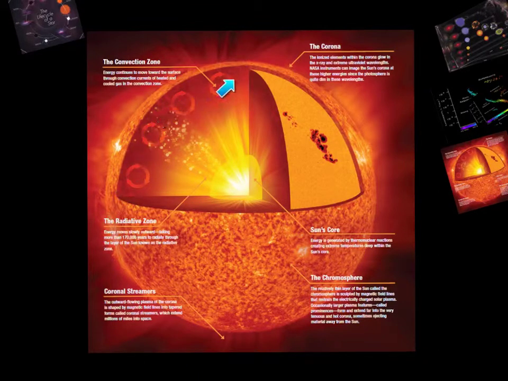Then we've got the outer part, just before the shell, which is called the convection zone. Then we've got our chromosphere, our photosphere, which is not shown. Then we've got our corona, where the glow is, basically what we see during the middle of the day. And then we've got our streamers.